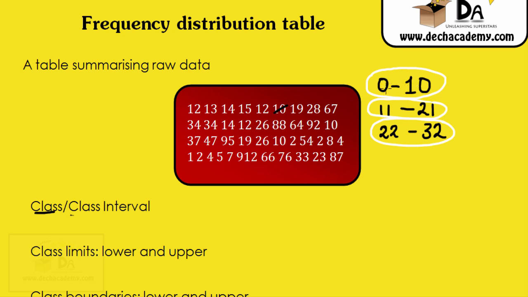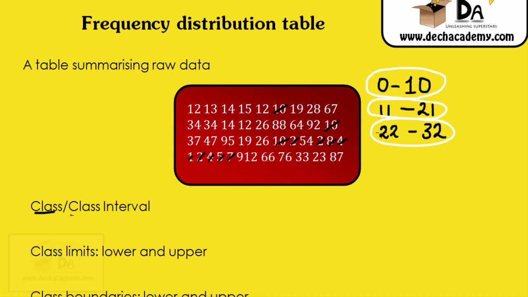And 10 is actually the upper limit of the class, but it belongs to the class. 10 again, 2, 2, 8, 4, 1, 2, 4, 5, 7. So we have 1, 2, 3, 4, 5, 6, 7, 8, 9, 10, 11 members of the class from 0 to 10. Okay, there's another one here. There's a 10 here, so that's 12. So there are 12 members that belong to this class.